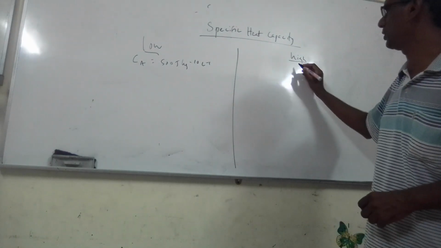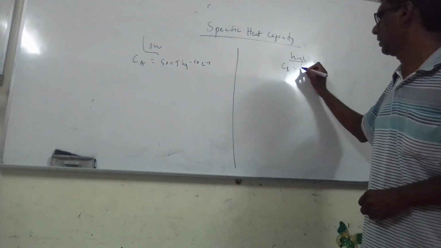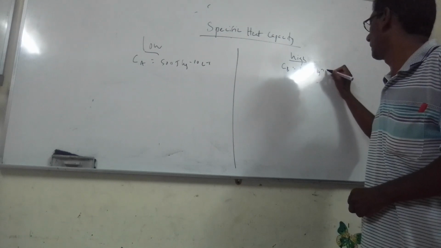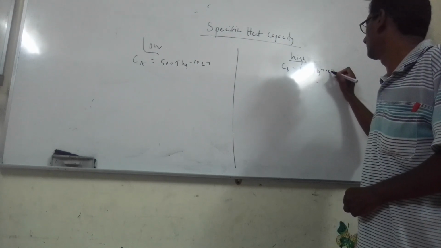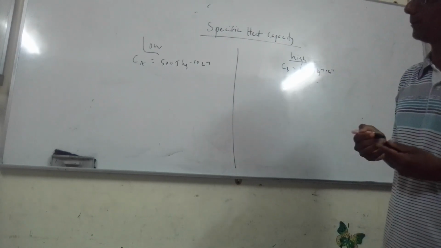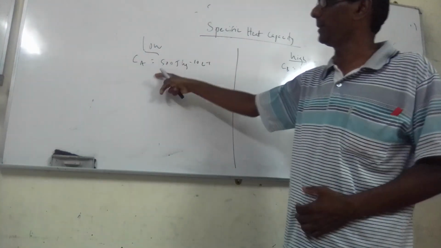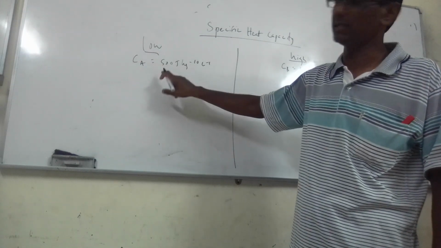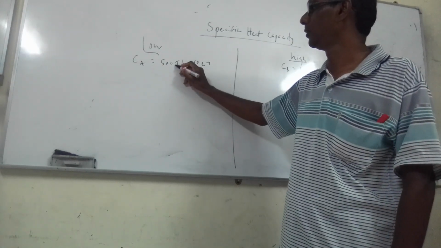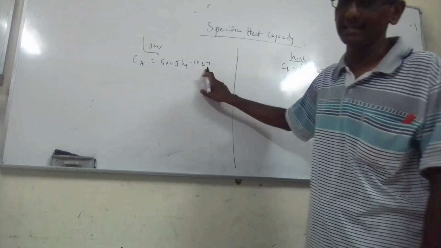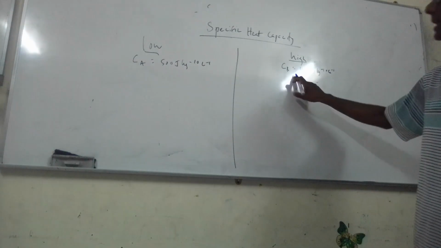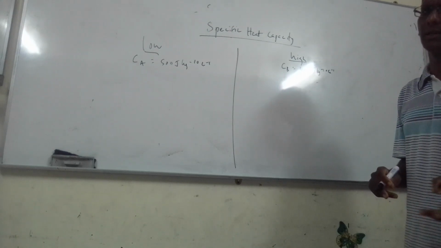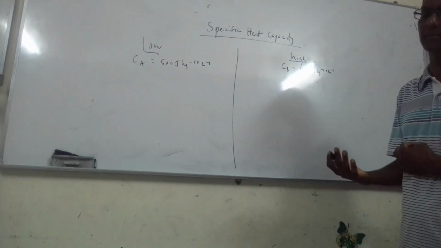High specific heat capacity object B is 4000 joule per kilogram per degree Celsius. Substance A, substance B.